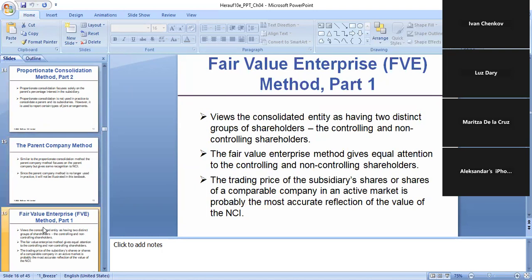Now let's go with the fair value enterprise method, which is a net identifiable assets method. This one views the consolidated entity as having two distinct groups of shareholders, the controlling and non-controlling. In the fair value enterprise method, equal attention is given to the controlling and the non-controlling interest.